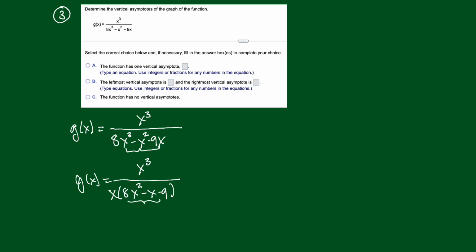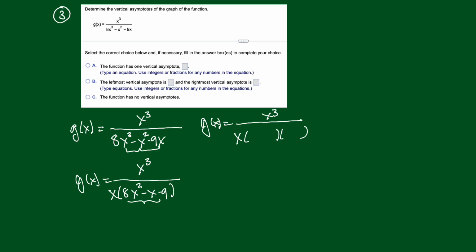Now, let's see if we can factor that to see what's going to make this thing 0. So we'll have g of x equals x cubed over x. Now, we've got this 8 and a 9. Because they're so close together, I think I'm going to try an 8 here.